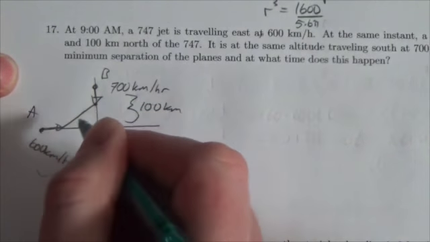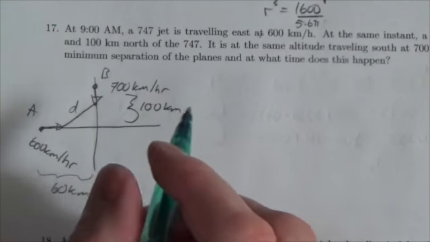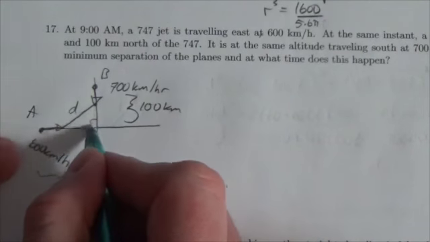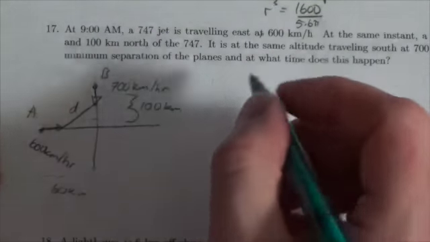And so what we're going to try to do here is figure out the minimum distance between these two, so we'll call that D. Now we're going to set up the Pythagorean theorem, and so we're going to take a look at this triangle that's left over.